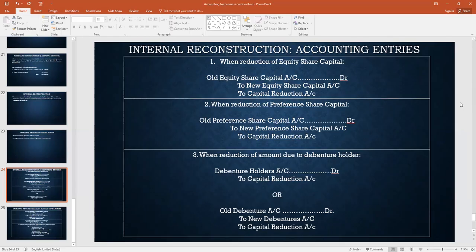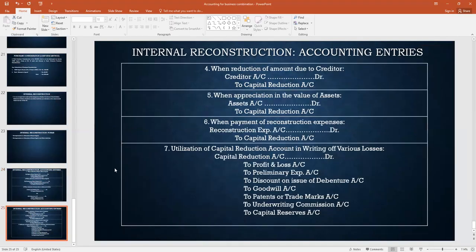If the company wants to directly reduce the claim of the debenture holder, then the journal entry will be debenture holders account debit to capital reduction account. Suppose the company is not interested in reducing the debenture holders' claim directly, then they can issue new debentures with a lesser amount. In that case, the journal entry will be old debenture account debit to new debenture account, and the balance will be transferred to the capital reduction account.